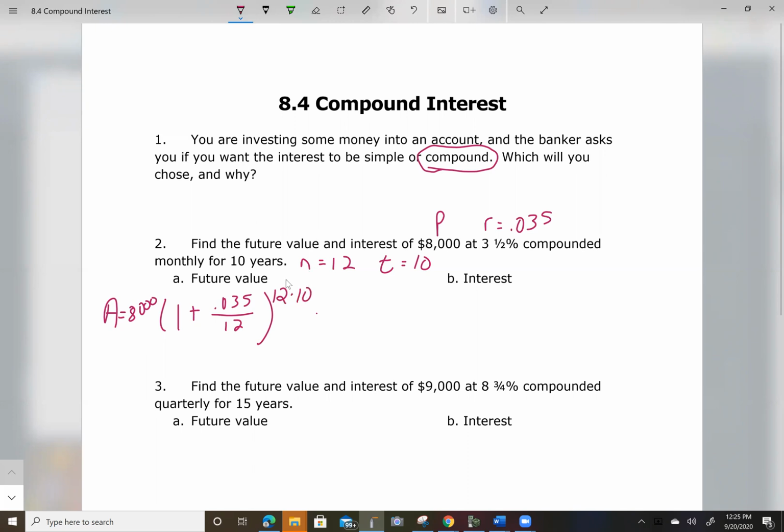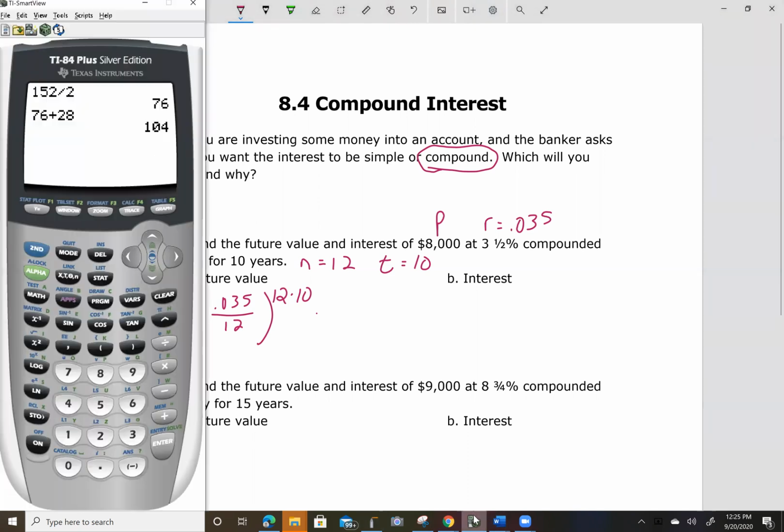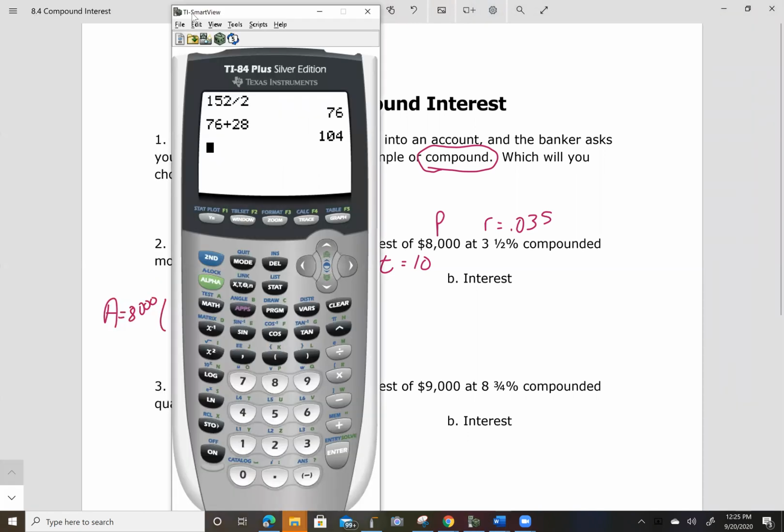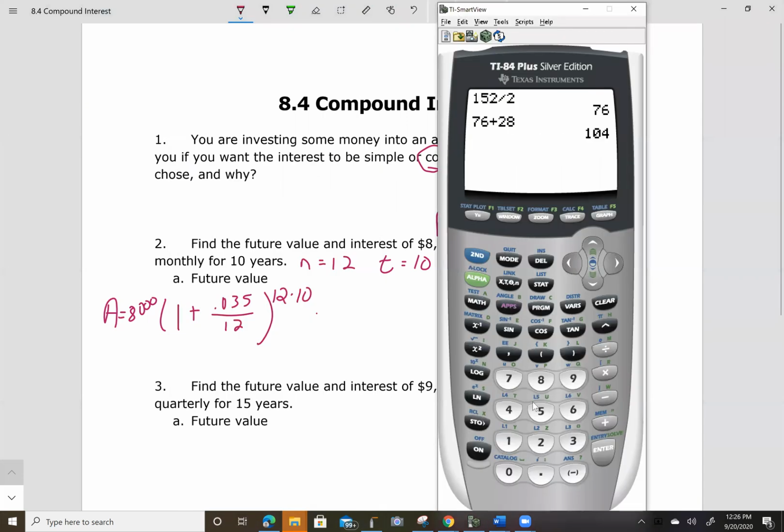Okay, so if you put that in your calculator, you can type it in just like this. This is an older calculator, so yours will probably look a lot better. I'm going to put 8,000 and then a parenthesis and then 1 plus, and then I have a fraction, so that's going to go in separate parentheses, 0.035 divided by 12.